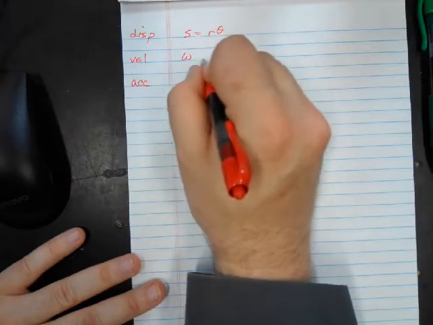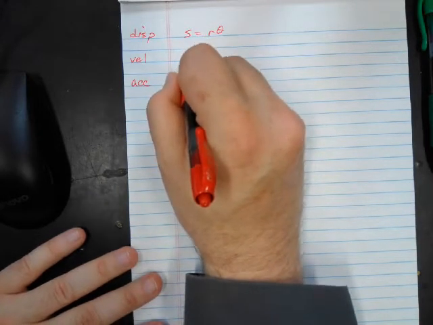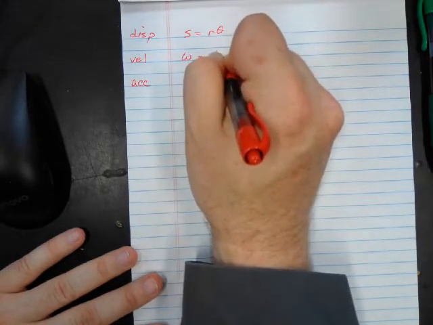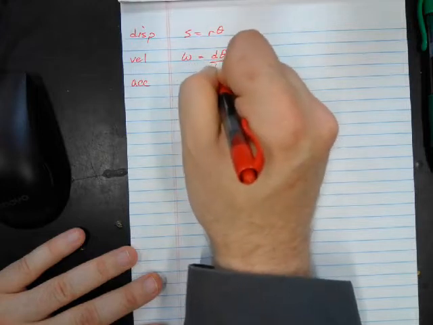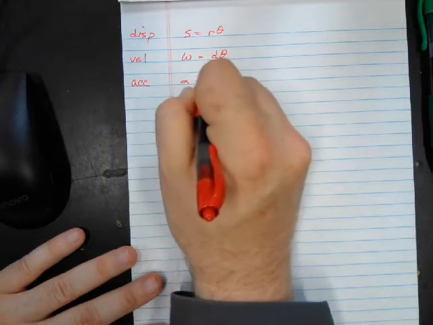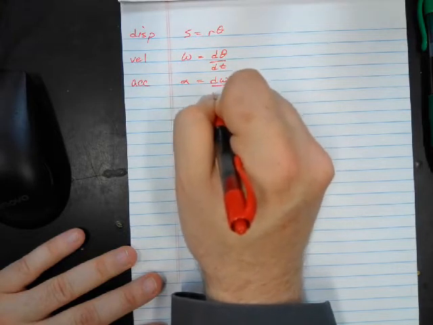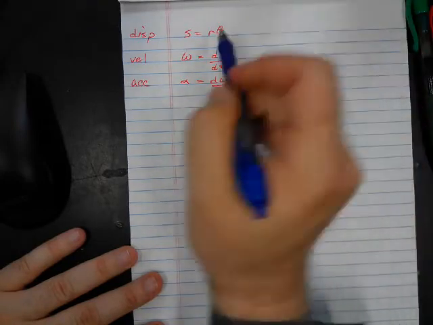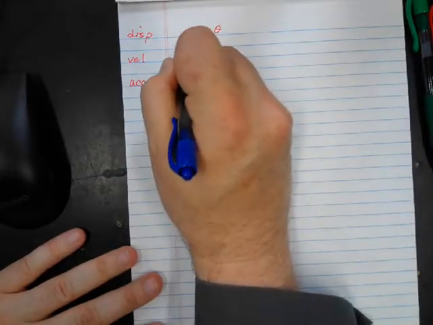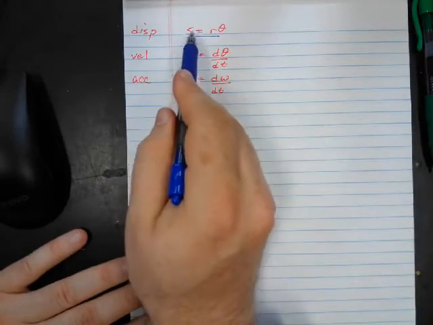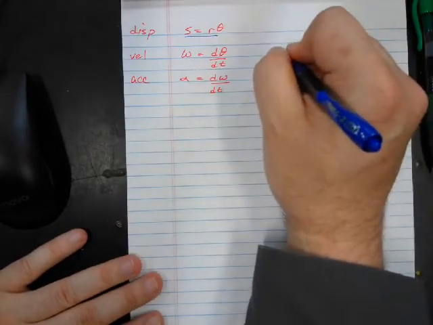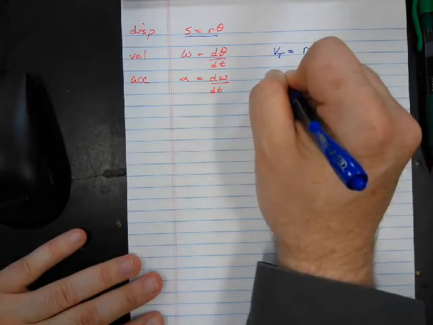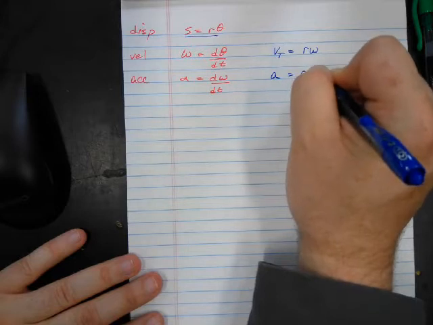Here we define our angular velocity as change in angle with respect to time, and we define our angular acceleration as change in velocity with respect to time. And that gives us, based on this and the definitions of regular velocity and acceleration, that tangential velocity is r omega, and the tangential acceleration is r alpha.